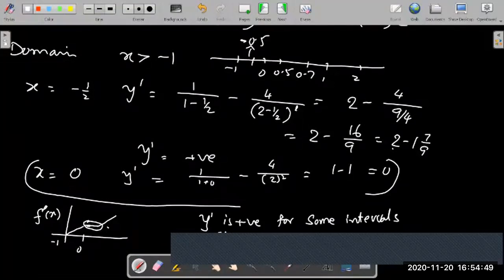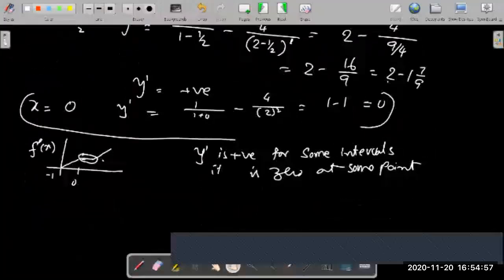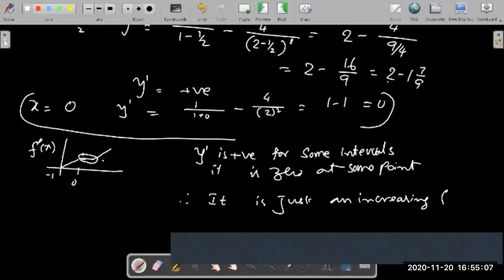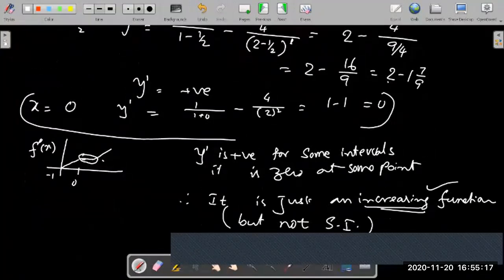It is 0 also at some point. Therefore, it is not strictly increasing but increasing. Therefore, it is just an increasing function, but not strictly increasing function. This part you don't have to write, but this is what he asked us to prove.